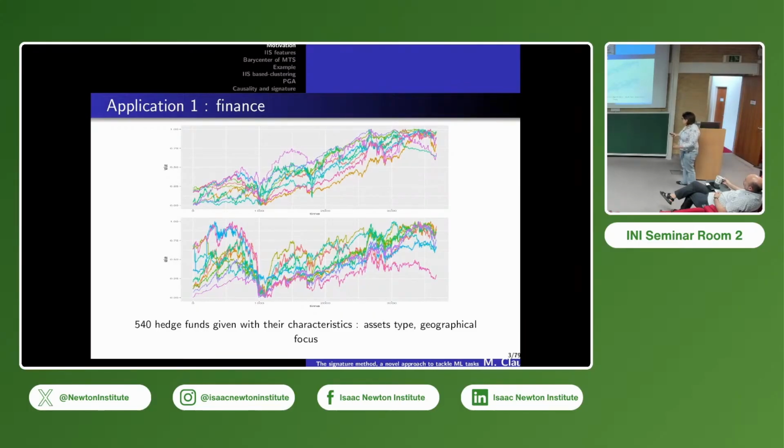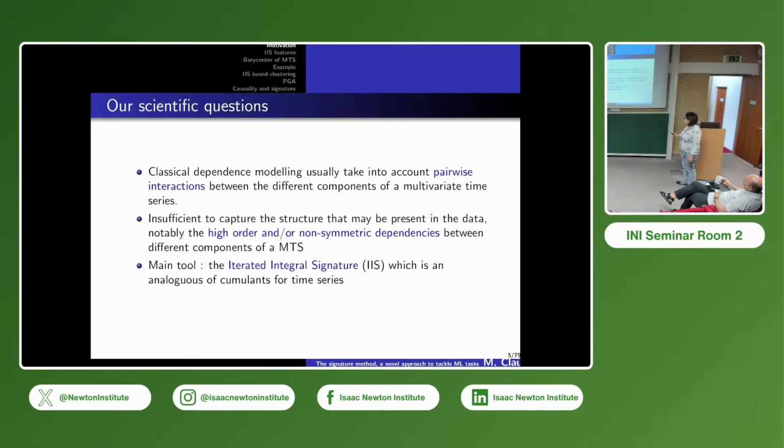It is a nice way to do so, but we want to go further and study not only pairwise interaction, but possibly interaction between 3 time series, 4 time series. To do so, we need to extend this analogue of correlation to high order and non-symmetric dependencies.